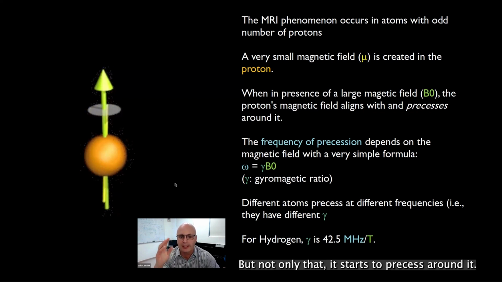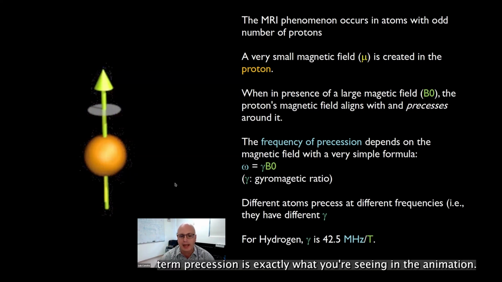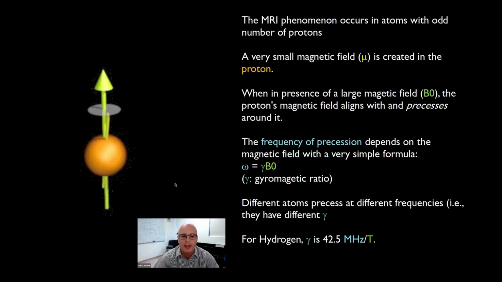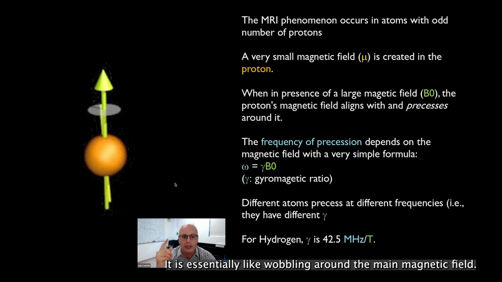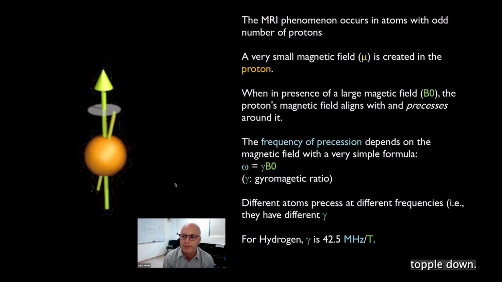But not only that, it starts to precess around it. And this term precession is exactly what you're seeing in the animation. It is essentially like wobbling around the main magnetic field, like a gyroscope would wobble around the axis of gravity when it starts to topple down.